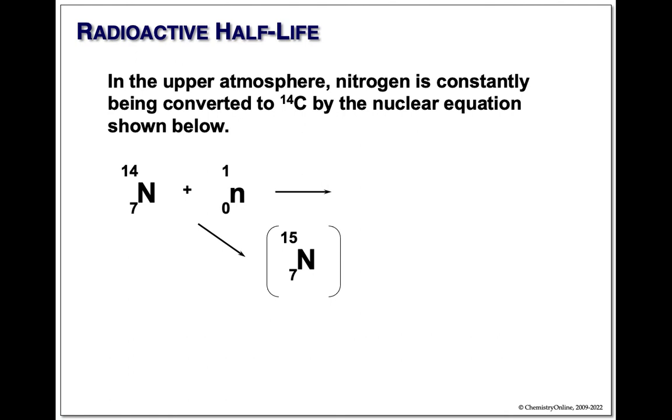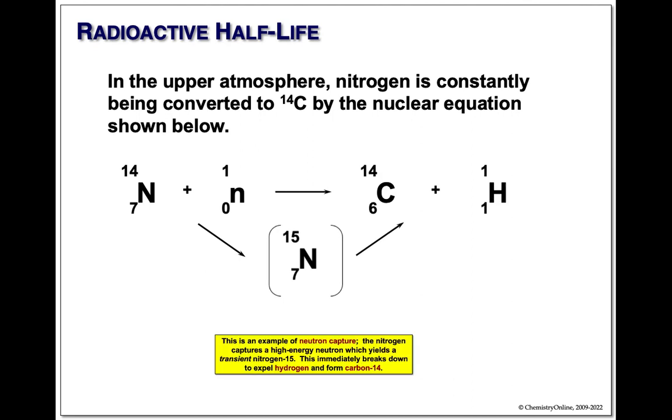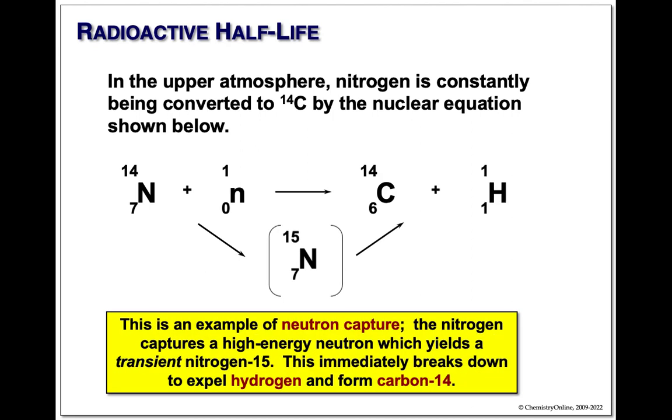Nitrogen-15, however, is very, very unstable. And it is so unstable that the nucleus immediately breaks down, and it ejects a proton and forms carbon-14. Okay. 14 plus 1, 14 plus 1, 7 plus 0, 7.